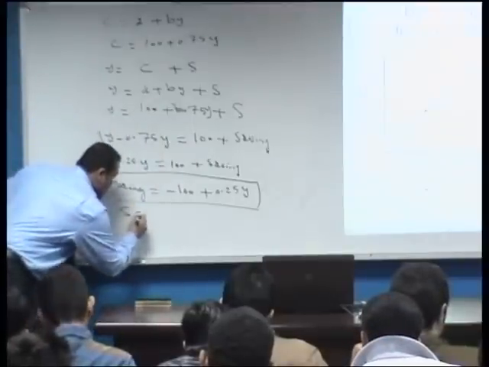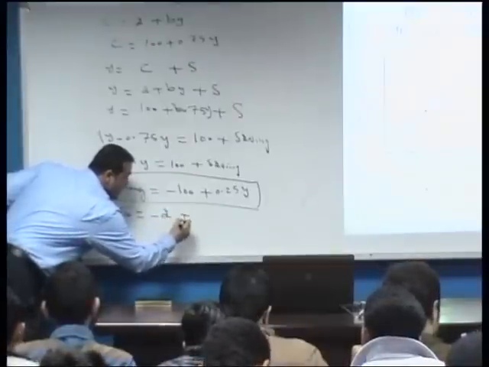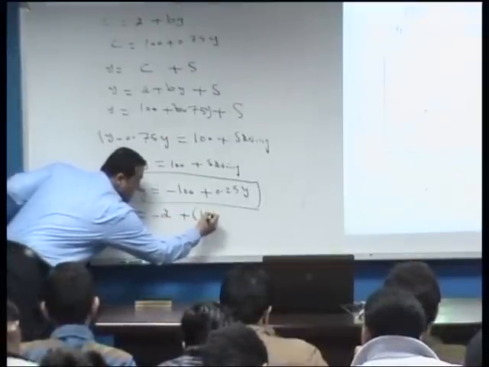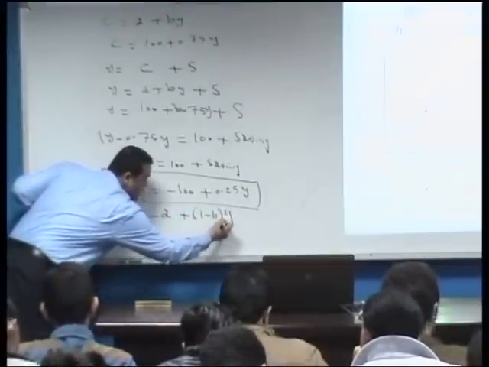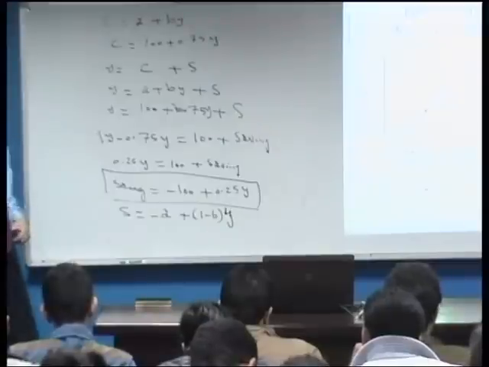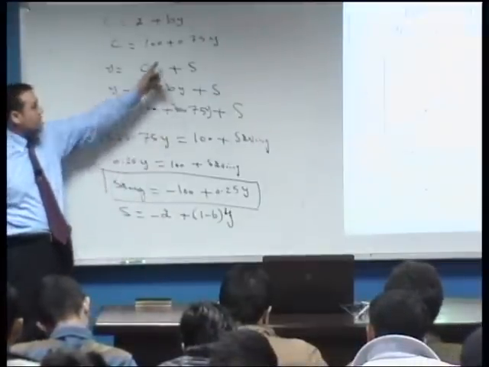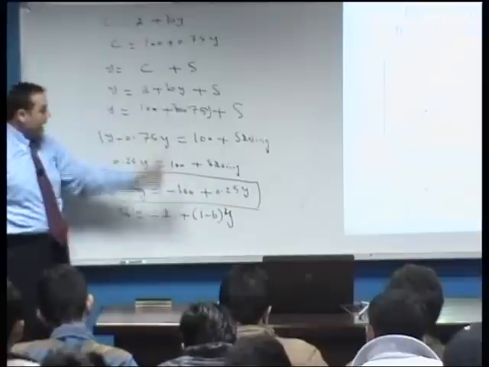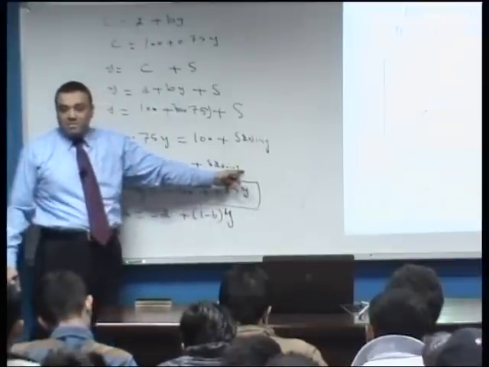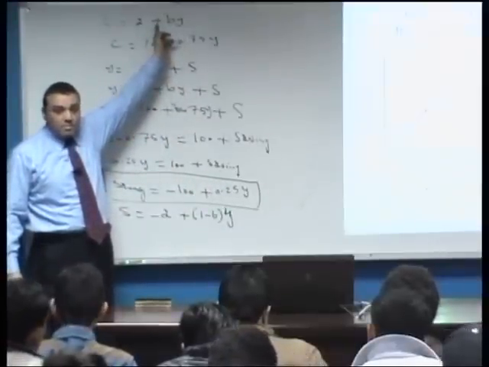So S equals minus A plus (1 minus B) times Y. This minus 100 is minus A because A equals 100, and this is the complement of the 75%, which is 1 minus B.